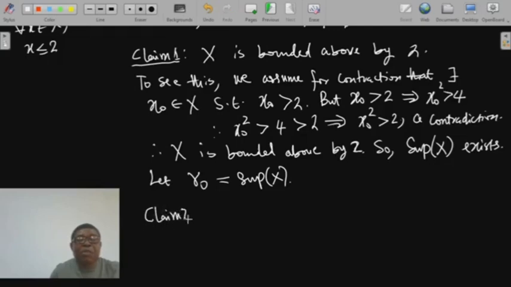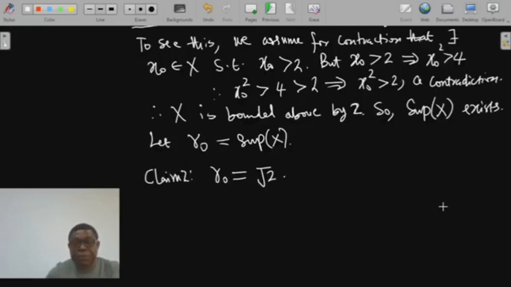We claim, this is claim 2, that gamma naught is equal to the square root of 2.